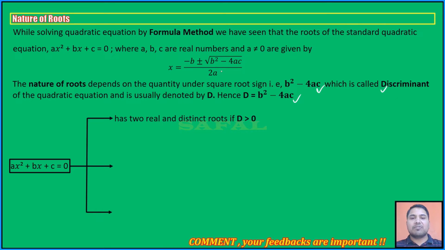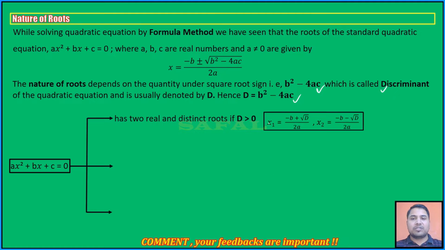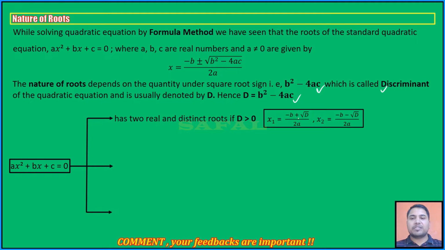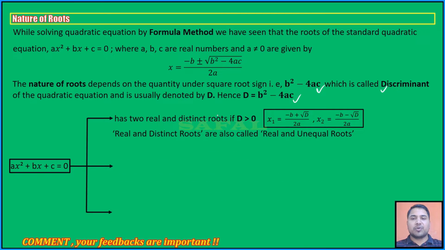So that's why we'll have two real and distinct roots, and the roots are given by minus b plus root D by 2a and minus b minus root D by 2a. Also we need to note that real and distinct roots are also called real and unequal roots. Many a time they mention in the book real and unequal.